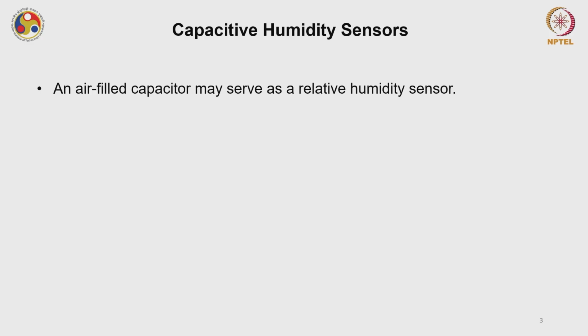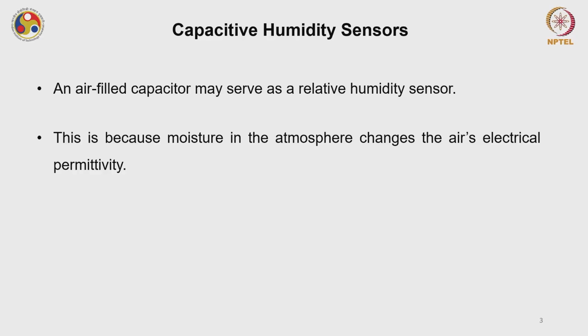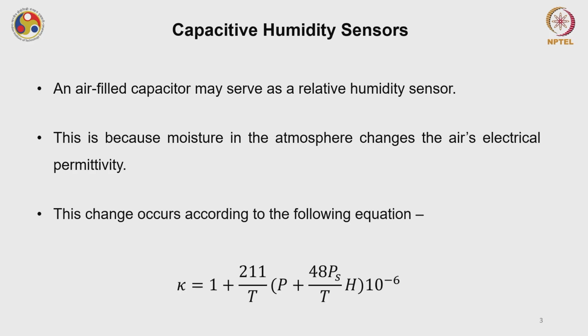So using a simple air filled parallel plate capacitor, I can make a relative humidity or RH sensor. This is majorly because moisture in the atmosphere changes the air's electrical permittivity, and this change occurs according to the following equation.